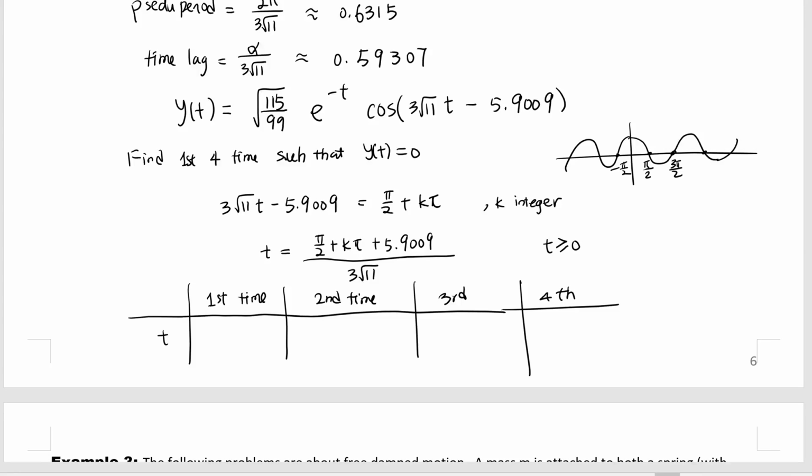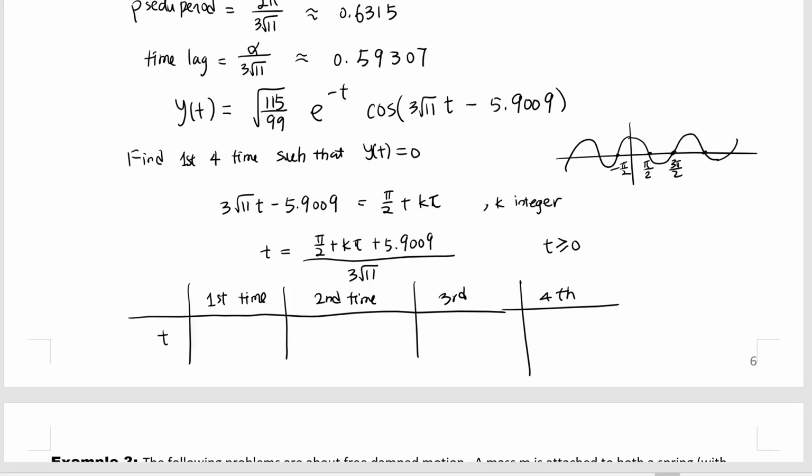Pi over 2 is like 1.7. 1.7 plus 5.9 is 7.6. Okay, so we want to pick k to be a negative number. What negative number can we add to it? Pi is like 3.14, right?